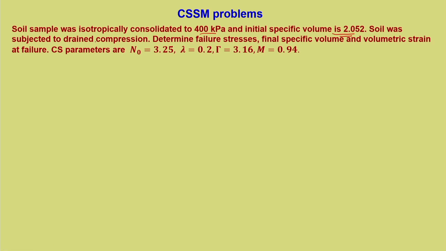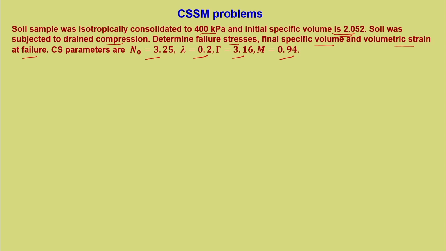The soil was subjected to drained compression. Determine failure stresses, final specific volume and volumetric strain at failure. Critical state parameters are N0 equal to 3.25, lambda is 0.2, gamma 3.16 and M 0.94.